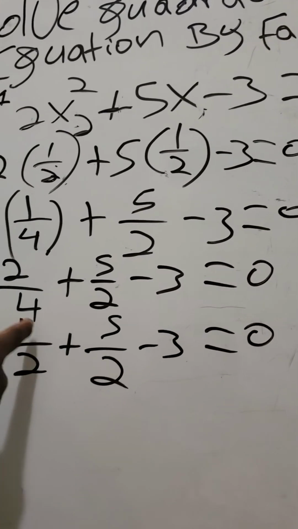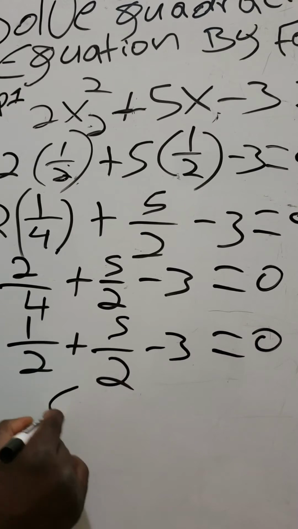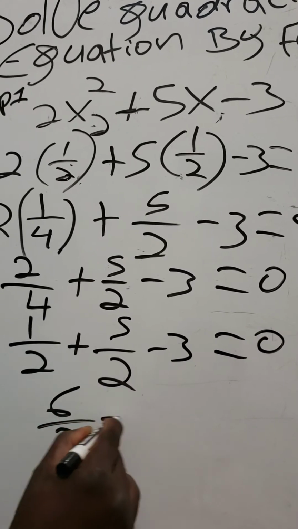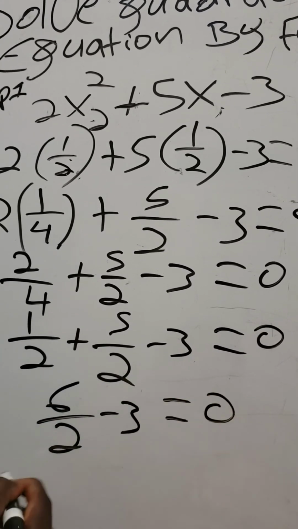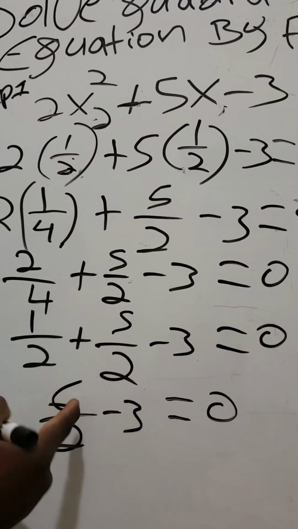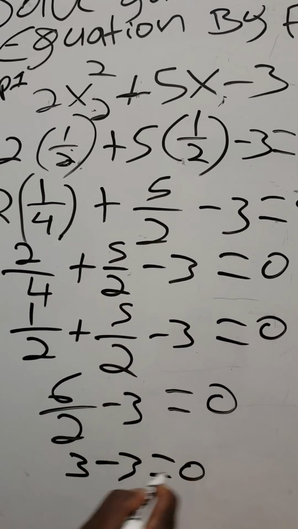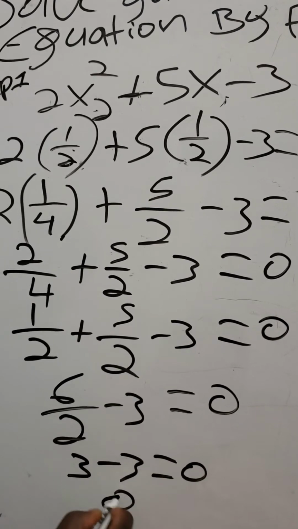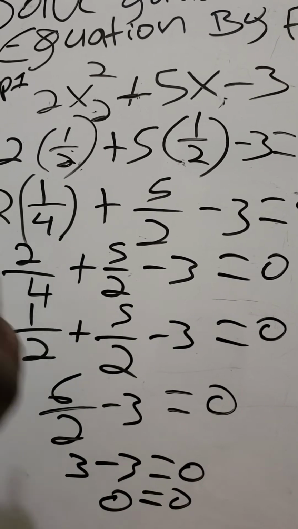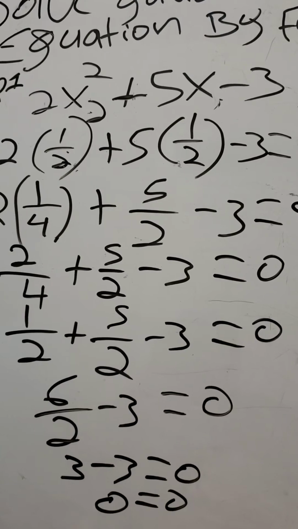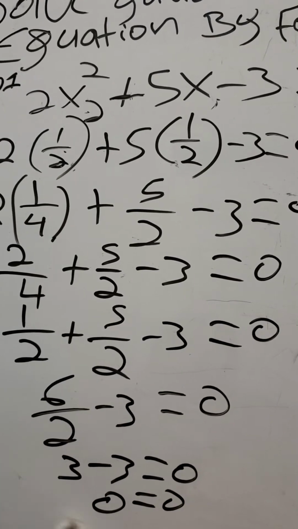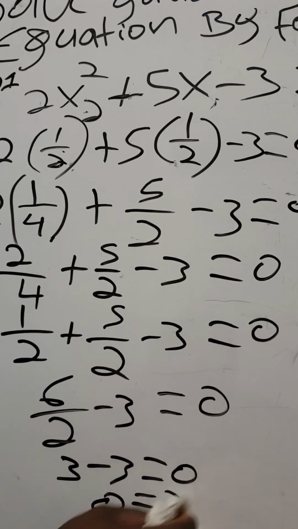And then you add the 1 to the 5, which makes it 6 over 2 minus 3 equals 0. But technically, 6 divided by 2 is 3. So 3 minus 3 equals 0. 0 equals 0. So that tells you the 1/2 solution is correct. It is a solution because it ends up being 0 equals 0.